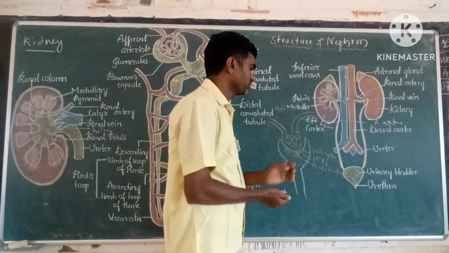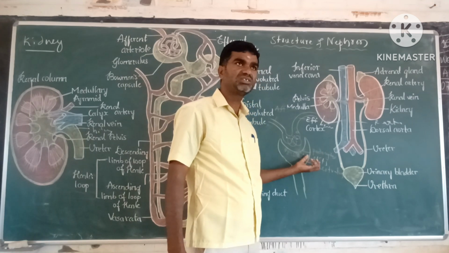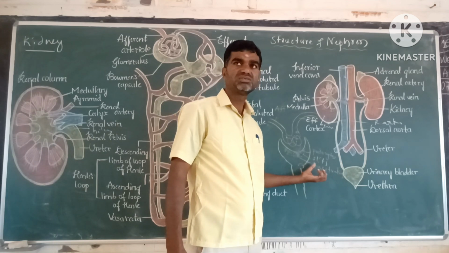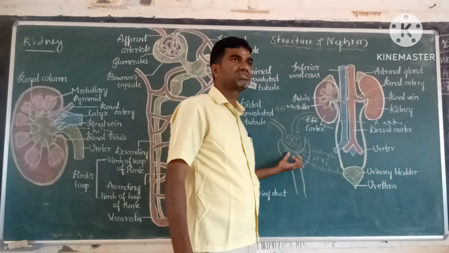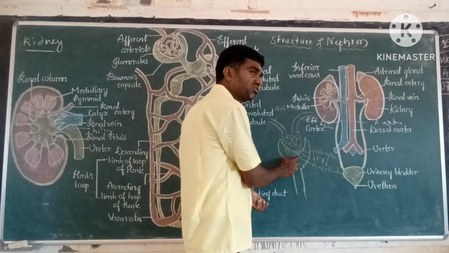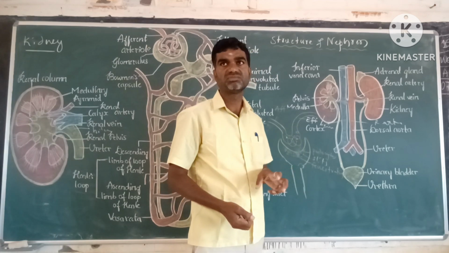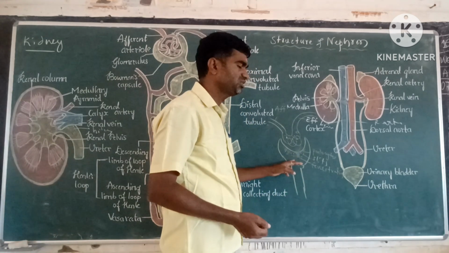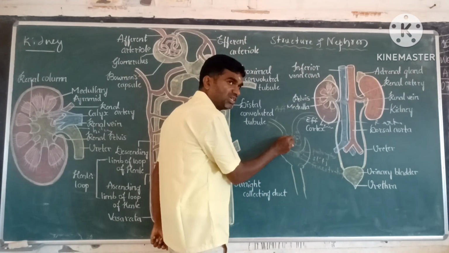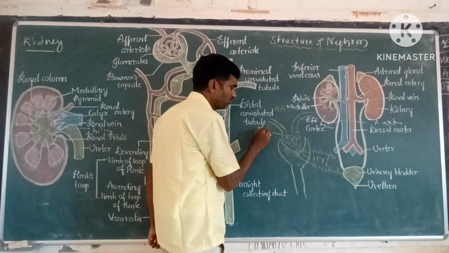So podocyte cells, filtration slits, and fenestration are formed in the Bowman's capsule. With the help of these three layers, the molecules are filtered into the Bowman's capsule, and likewise H2O molecules are filtered here.